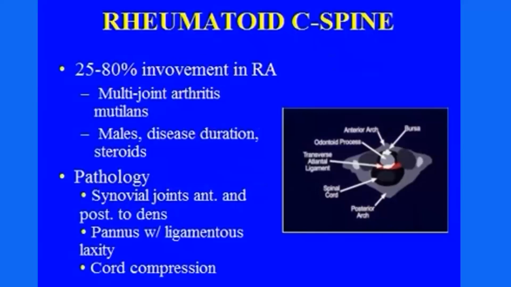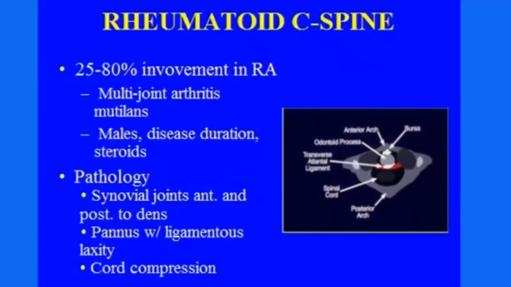The pathology involves the synovial joints, and it involves the posterior aspect of the dens. Why? Because we have synovial tissue over there, and this becomes inflamed and forms a pannus.